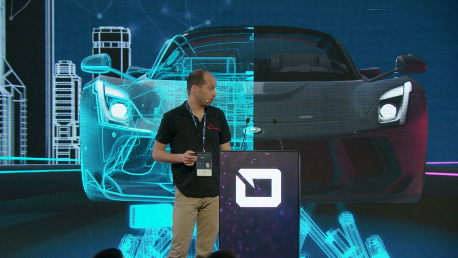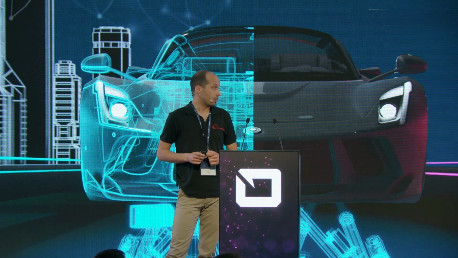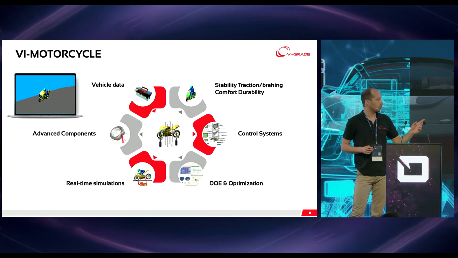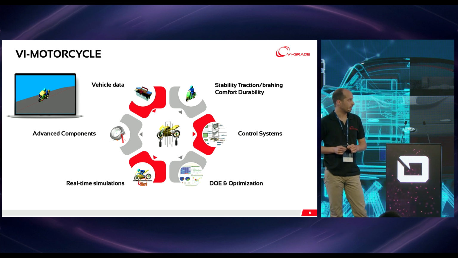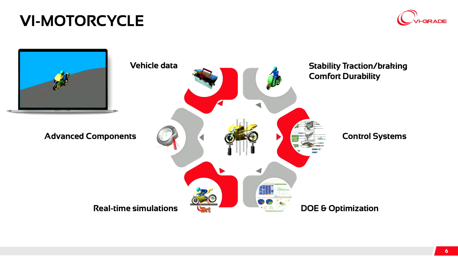And in case, also try to run design of experiment simulations or move to the real-time world. In this case, using VI-BikeRealTime, VI Motorcycle provides a plugin that allows you to export the model into an equivalent VI-BikeRealTime model and use it in VI-Bike.